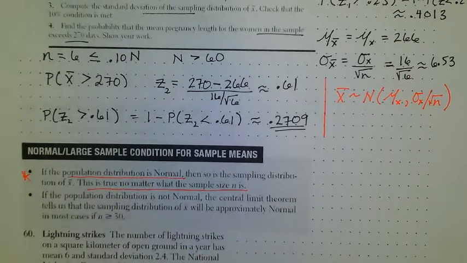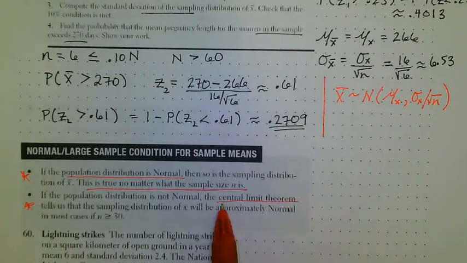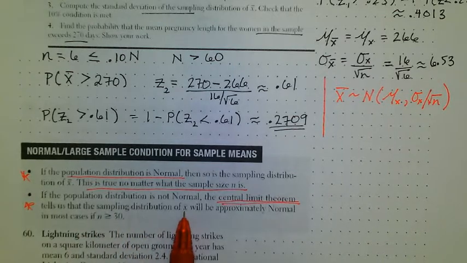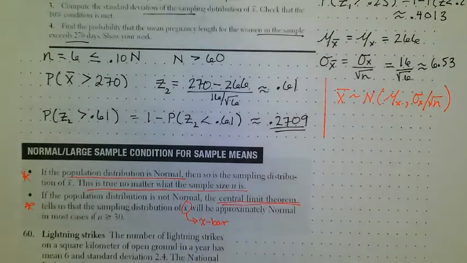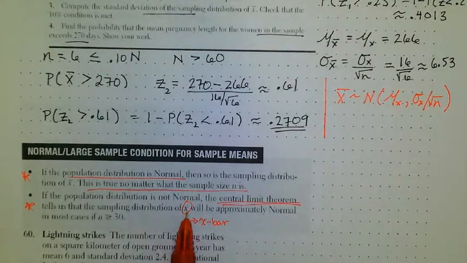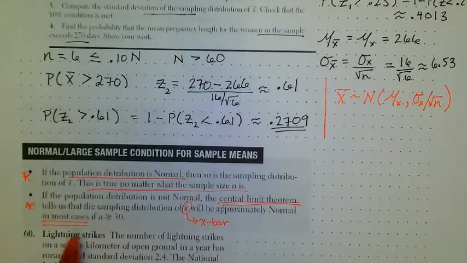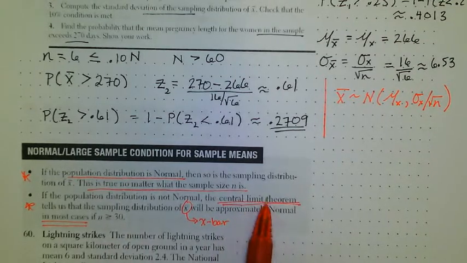However, if the population distribution is not normal, then we can use the central limit theorem, which tells us that the sampling distribution of X bar will be approximately normal in most cases, if n is greater than or equal to 30. Sometimes n equals 10 is good enough. Sometimes n equals 100 is too small. So be aware of what the central limit theorem does and does not tell you.